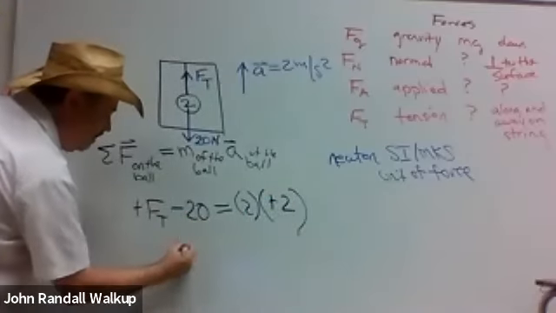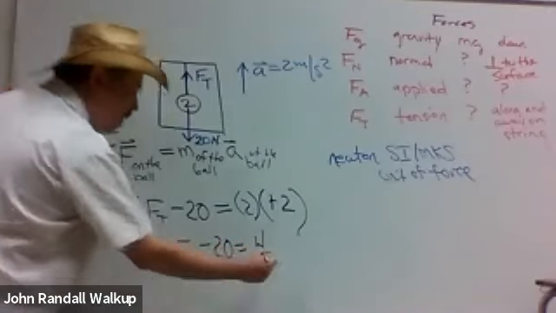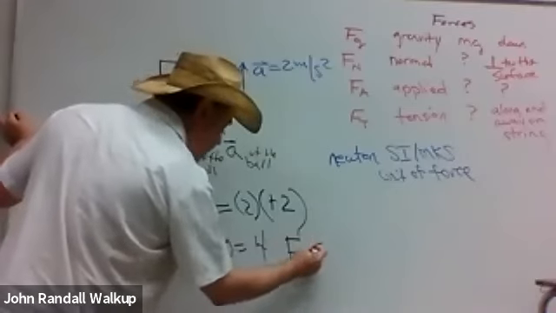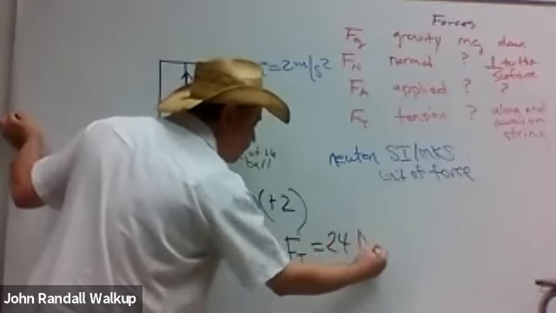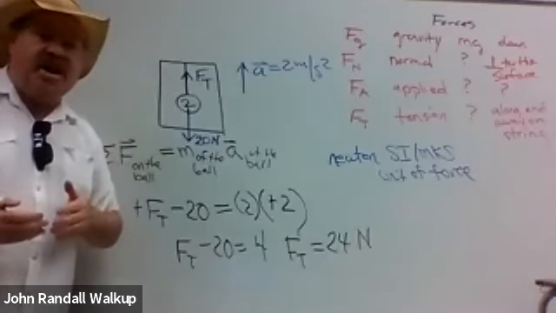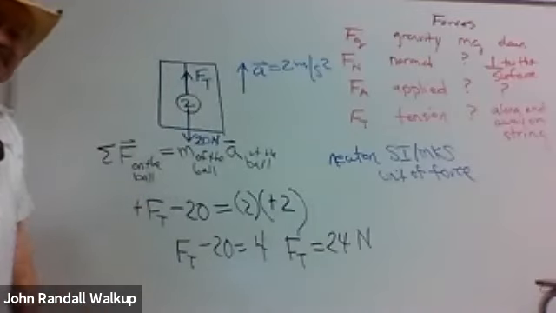So this becomes F of T minus 20 is equal to 4. Now when I solve, I get F of T is 24 newtons. So the tension force has now grown because we're accelerating the object upwards.